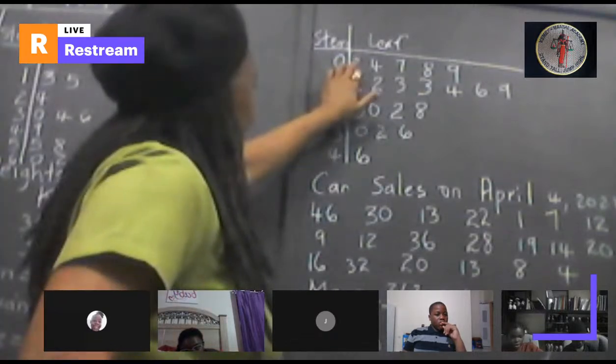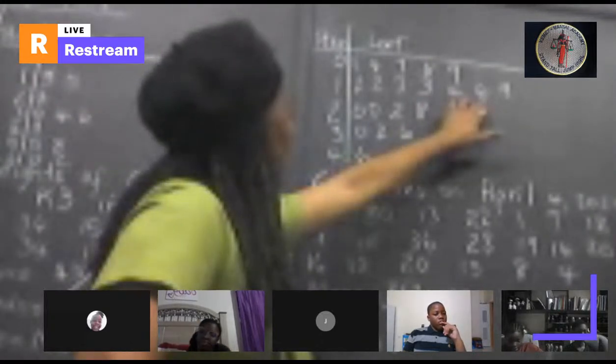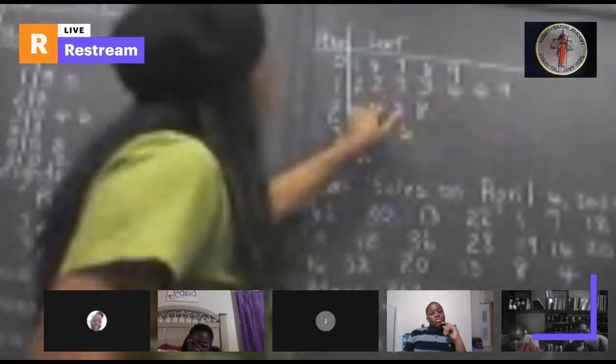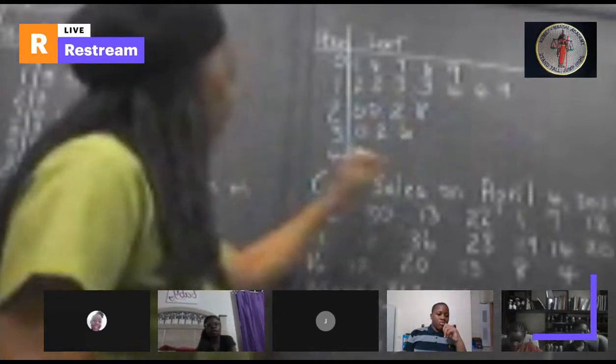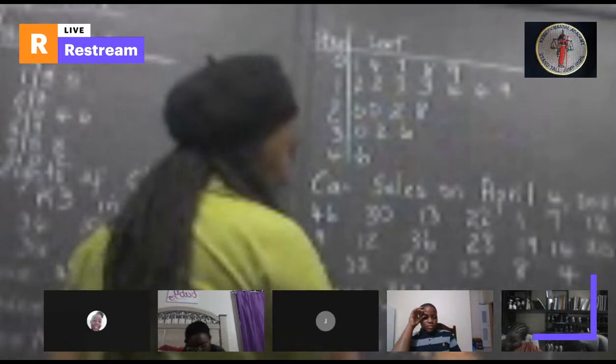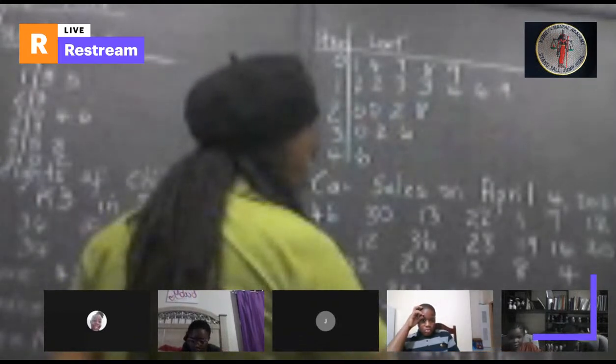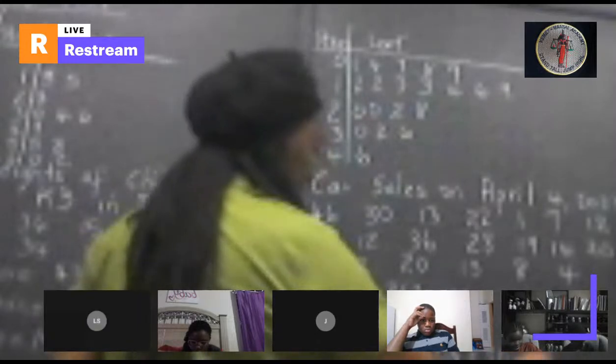So 1, 2, 3, 4, 5, 6, 7, 8, 9, that leaves the 14 and the 16 in the middle, and 9 on the other side. So 14 plus 16 gives 30, and we divide that by 2. So the median is 15.